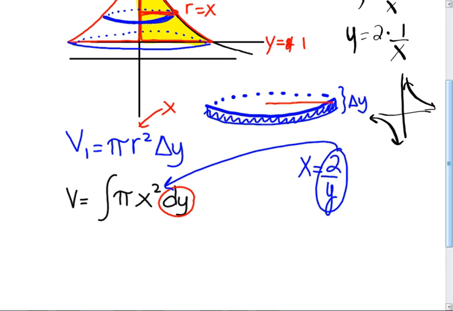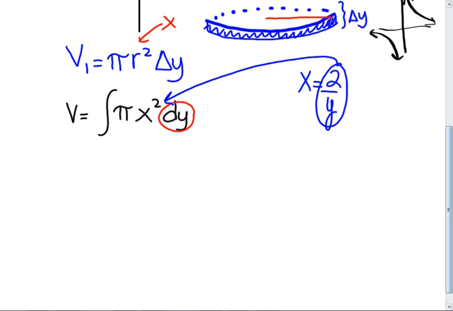You want to keep the y's, not the x's. That's why the students, when I grade these, they don't have a differential. It's okay, we don't mark it off. However, they usually don't have the right function in there because they didn't bother to put the differential in. So the volume is going to be, see, this is where I put now my function in. It's 2 over y squared dy.